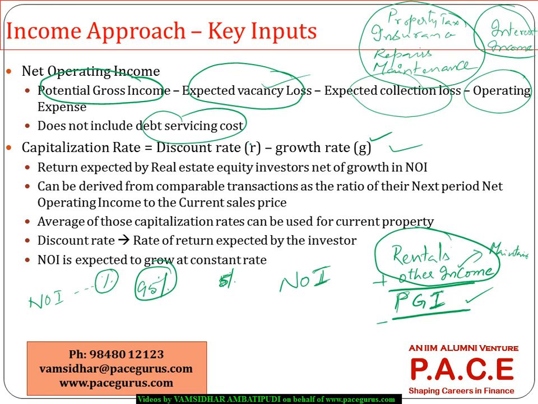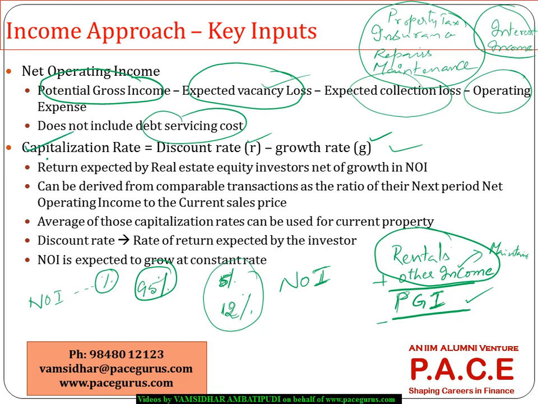And the discount rate typically is the rate of return which the investor is expecting. Let's say I am investing in real estate, so my expected rate of return is around 12%. The difference between these two is what is generally taken as the capitalization rate.